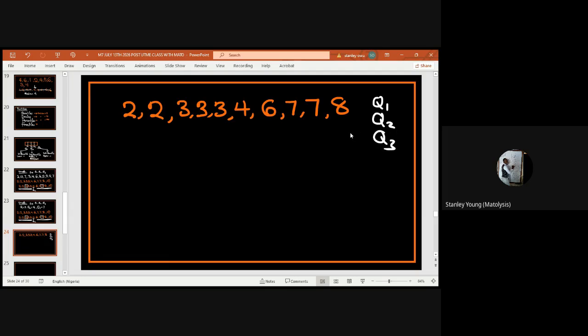This is already arranged. Who can give me the center? The center number here, do you agree that in this case, it's not going to be a whole number? It's going to fall between 2 numbers. Who can tell me the numbers it will fall in between?